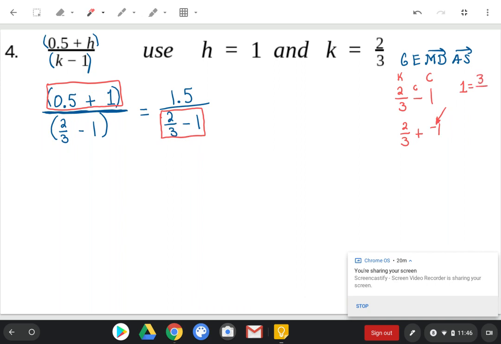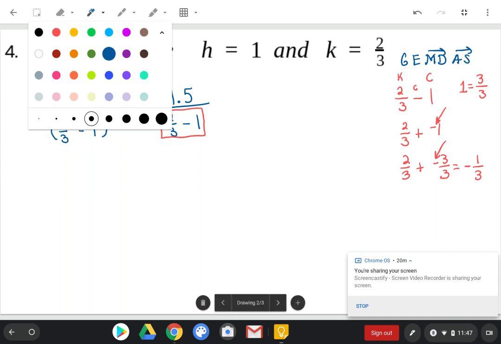Isn't 3 divided by 3 the same thing as 1? Yeah? So we can think about this as 2/3 plus negative 3/3 because 3 divided by 3 is just 1. And now we're going to subtract 3/3 minus 2/3 gives us 1/3. And remember, it must be negative because that -1 or -3/3 has the greater absolute value.